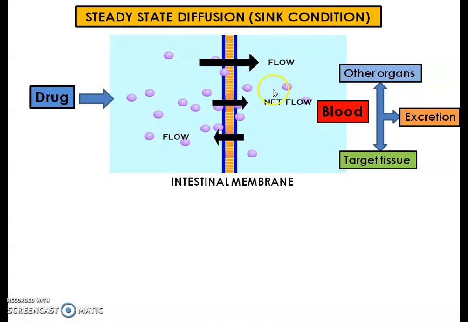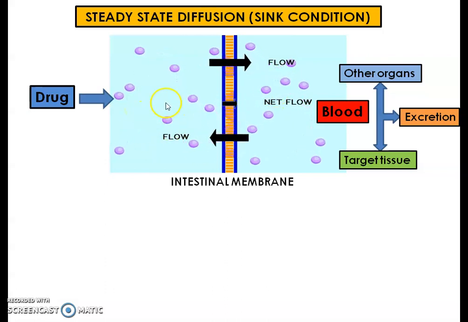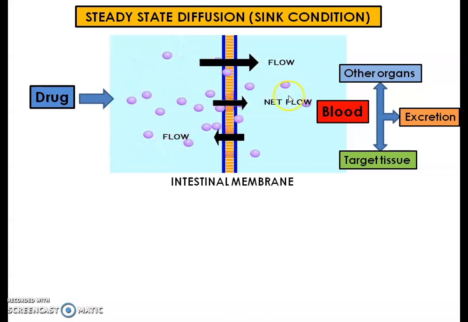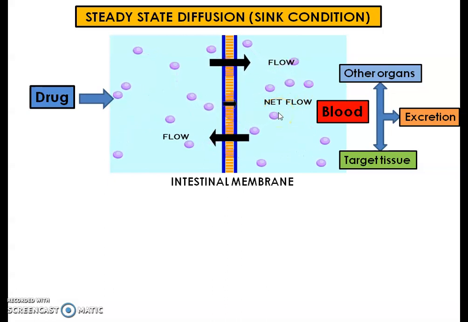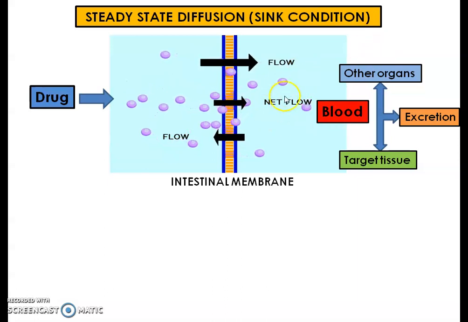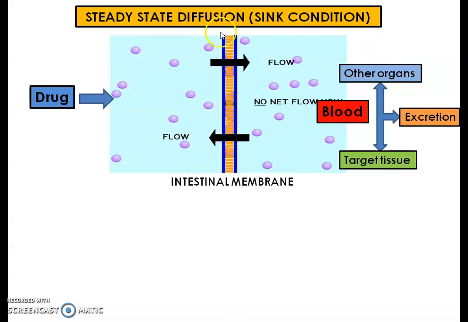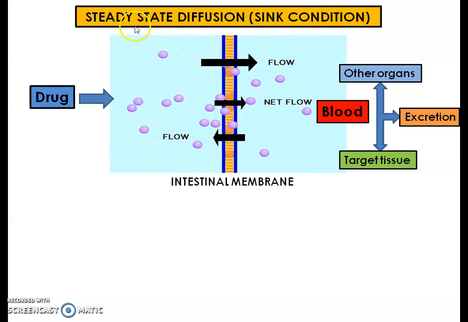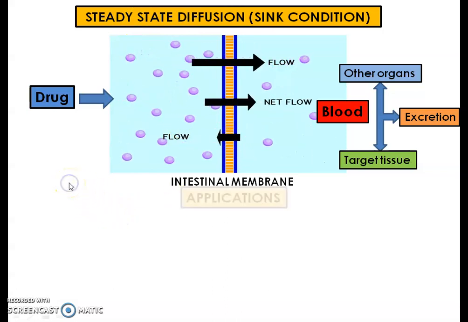So this is the recipient compartment, and this is the donor compartment. The drug will always move from higher concentration to lower concentration, as the lower concentration of the recipient compartment is always maintained by removing the drug from that compartment. This continuous removal makes the condition called sink condition or steady state diffusion, as the diffusion continues or remains steady. So this is steady state diffusion.